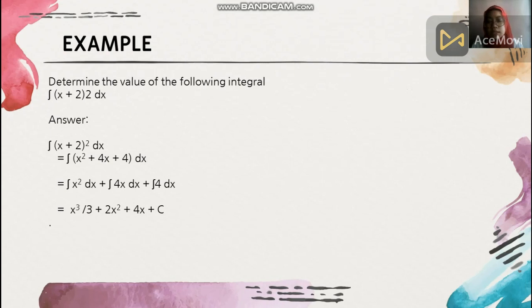Answer: the indefinite integral of (x plus 2) squared is equal to the indefinite integral of (x squared plus 4x plus 4), which is equal to the indefinite integral of x squared plus the indefinite integral of 4x plus the indefinite integral of 4, which is equal to x cubed over 3 plus 2x squared plus 4x plus c.